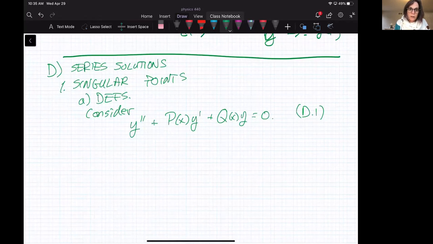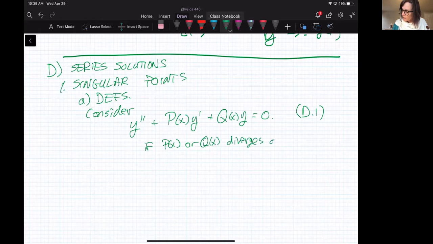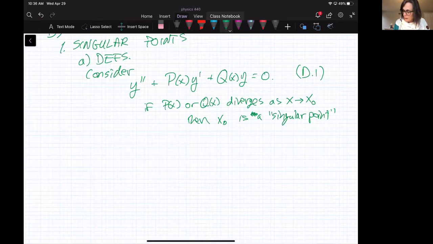We need to be concerned about singular points if p of x or q of x diverges as x approaches some point x naught. If it does, then x naught is what we call a singular point. Which seems kind of obvious, I guess.